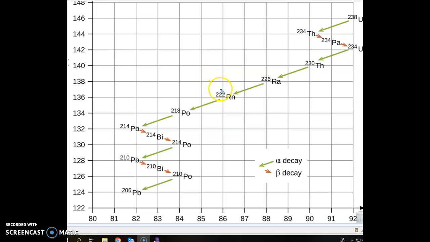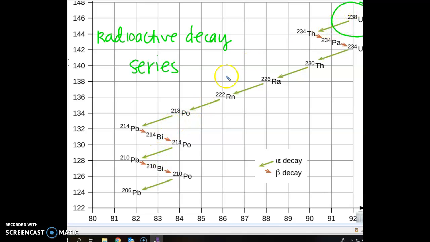One other thing that you're going to have on your Unit 6 assessment involves what we refer to as a radioactive decay series. The goal of any radioactive element is to get to a stable element. So we start with uranium-238. We want to get to a stable element. Lead-206 is stable.